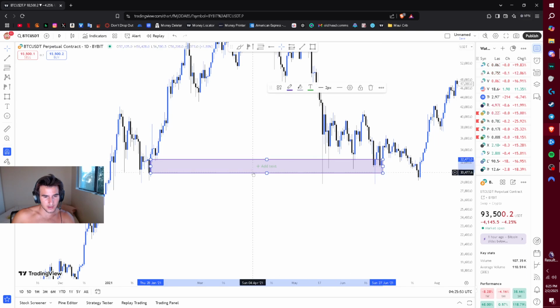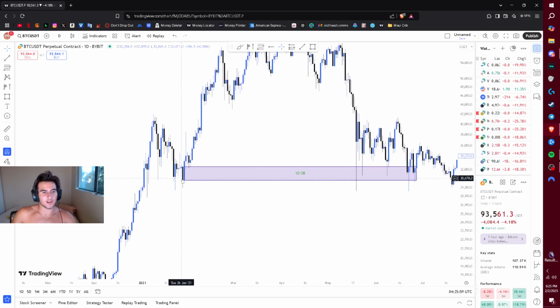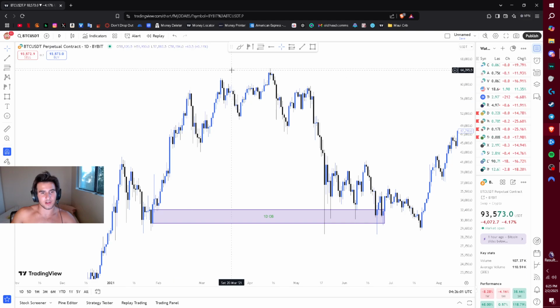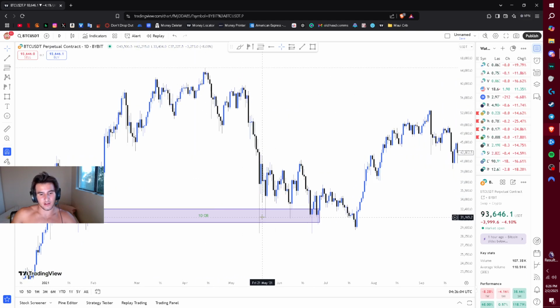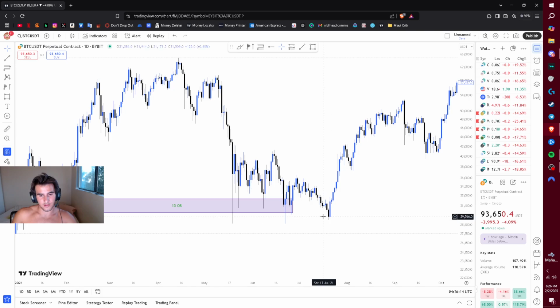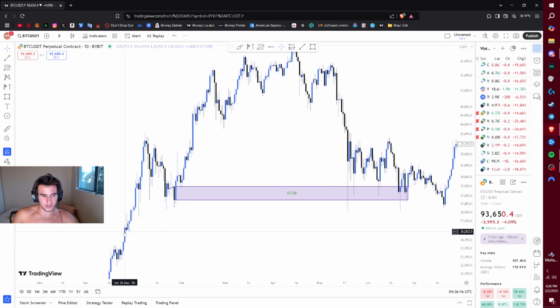Across this way. 1 day OB, and then yeah, so here we have big deviation, break of structure, and then a move down, just wicks into it real quick, and then immediately moves back up here, and then wicks down. It does go through here, but honestly, if my entry was here, I would probably use this as my stop loss.